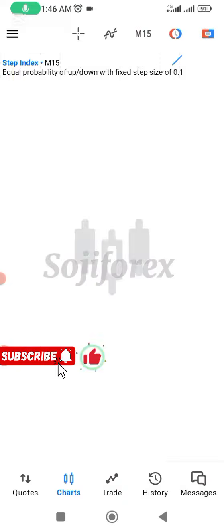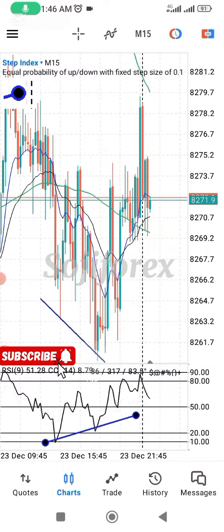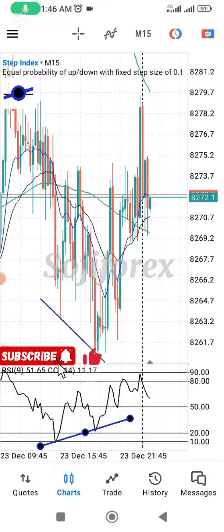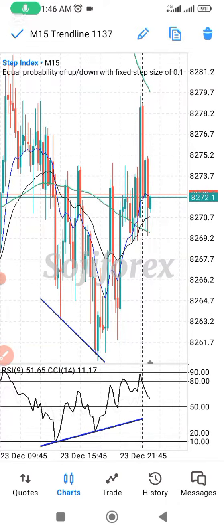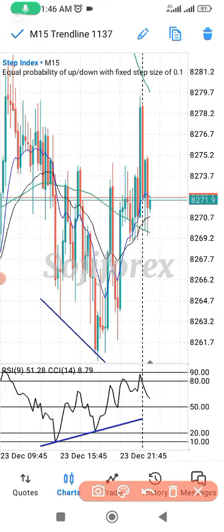So if we identify the trend, once we spot a divergence and it's in line with the trend, it is a sign of a continuation. That means price has come to the end of retracement. So here we are having a lower low, but here our indicator is giving us a higher low.